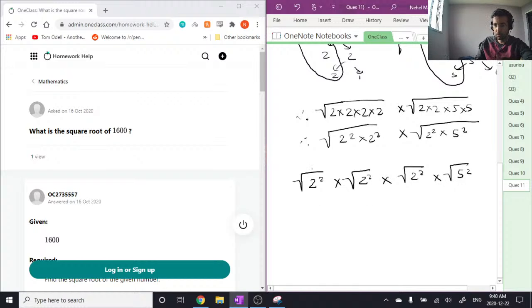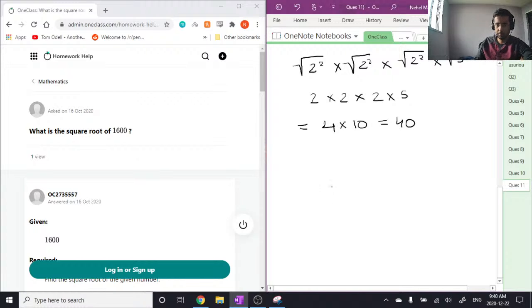And then the square root of 2 squared is nothing but 2, so 2 times 2 times 2 times 5. So that should be the final answer, which should be equal to 4 times 10, which is equal to 40. Therefore, the square root of 1600 is equal to 40.